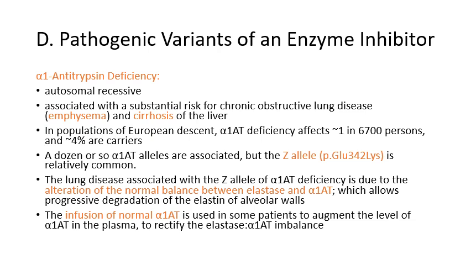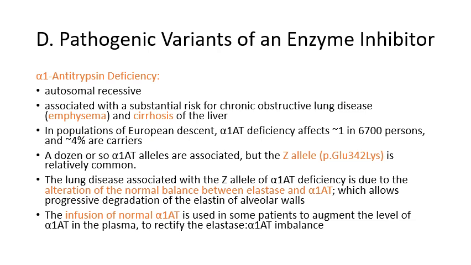The lung disease associated with the Z allele of alpha-1 antitrypsin deficiency is due to alteration of the normal balance between elastase and alpha-1 antitrypsin. Elastase is an enzyme that degrades elastin in the alveolar walls, and it is necessary to remove excessive elastin so the lungs aren't too stiff.